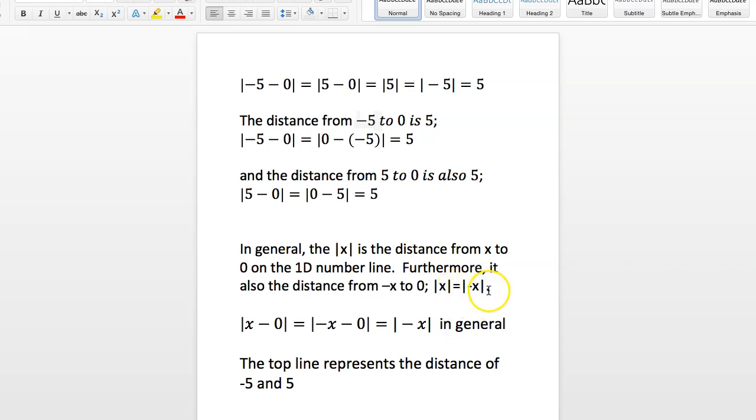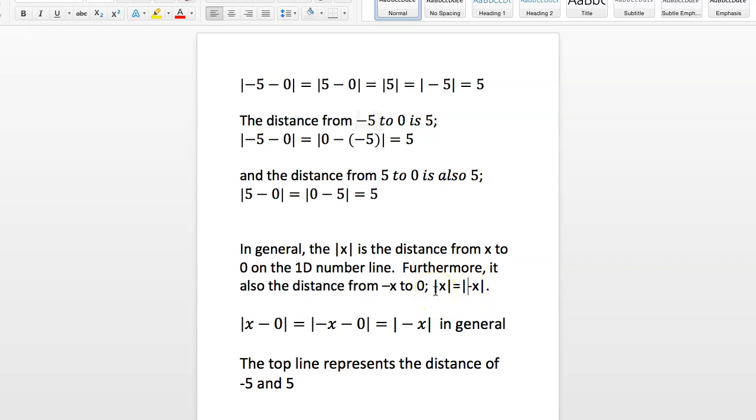So, absolute value of 5 equals absolute value of negative 5. The absolute value of negative 6 equals the absolute value of 6, which is just positive 6, but they both have absolute value 6.